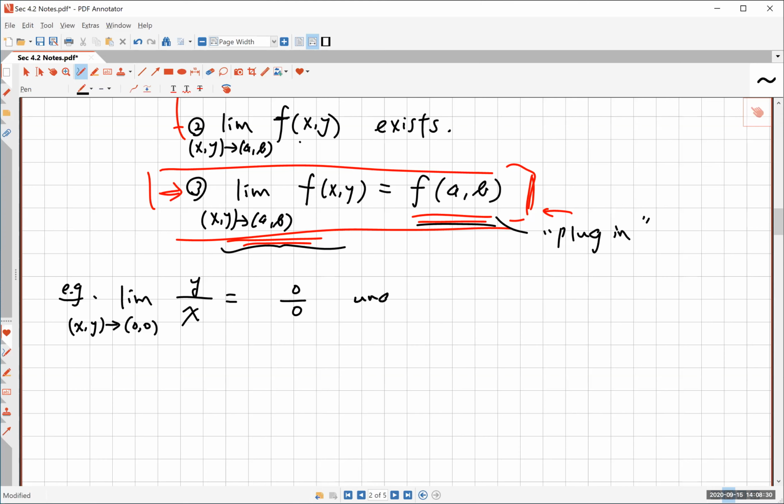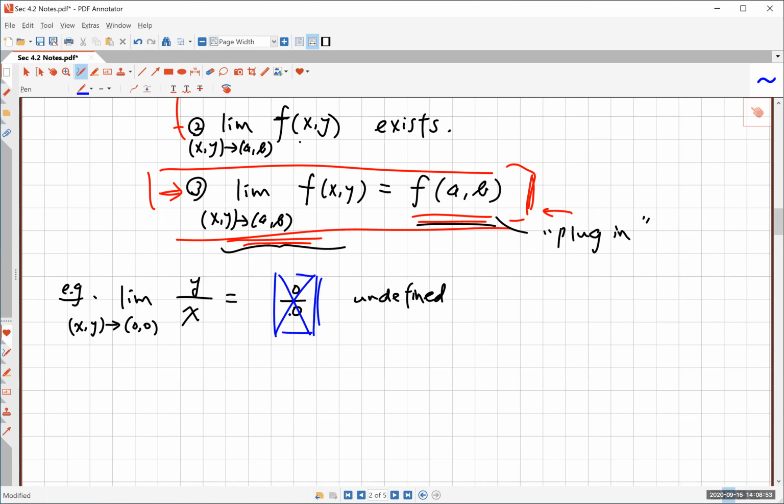Another bad thing you can write is undefined because it's 0 over 0. Okay, so these are really bad answers. In fact, as long as you're my student, you will not get any partial credit for writing 0 over 0. In fact, I may turn you in for speaking foul language in class when you put 0 in the denominator.